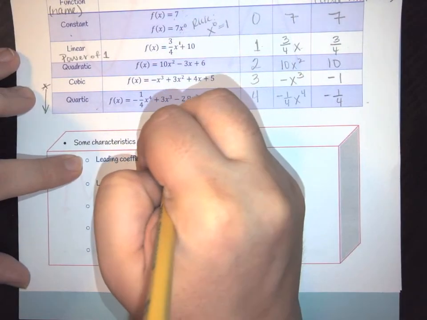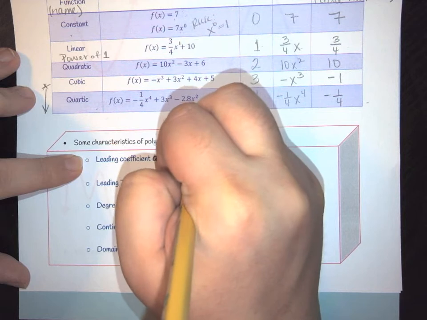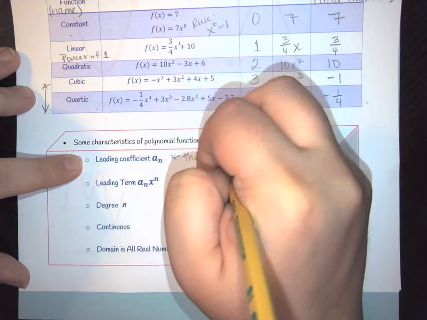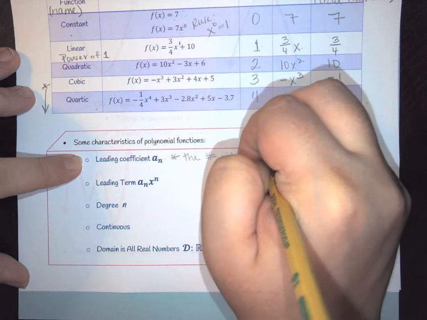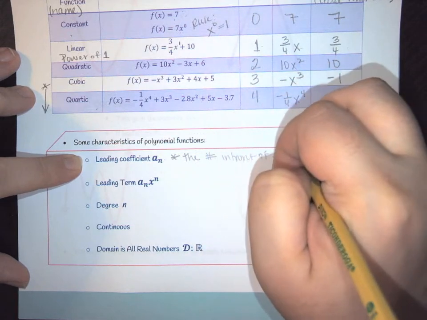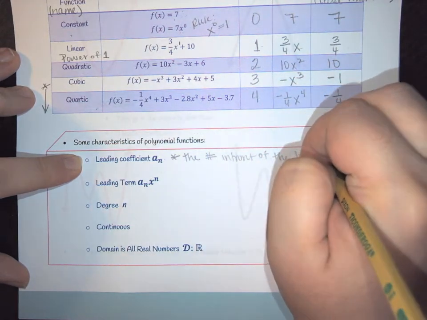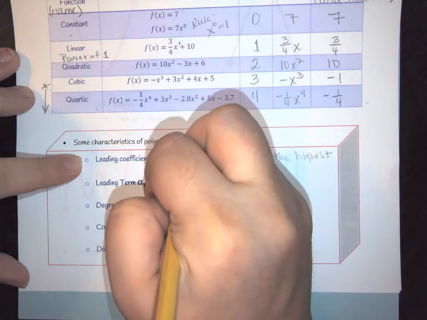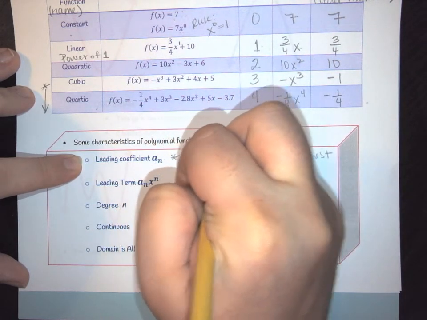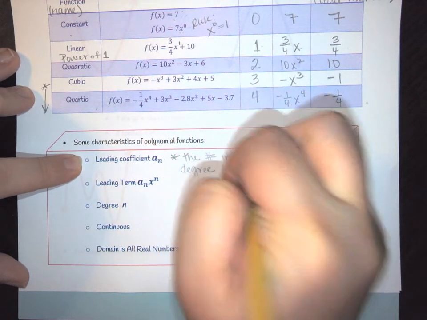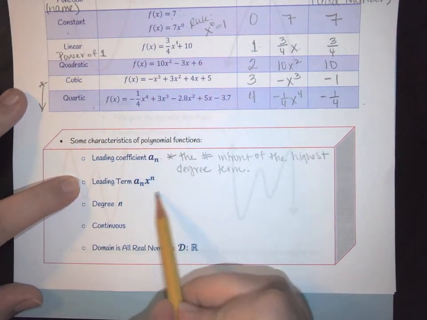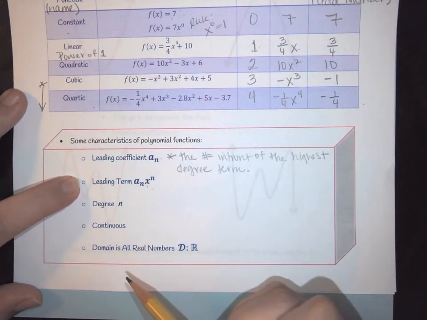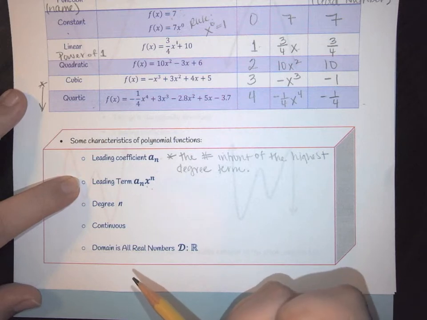Okay? So here we're talking about the number in front of the highest degree term. Now the leading term is going to be that entire term. So in this case we're going to include the variables.